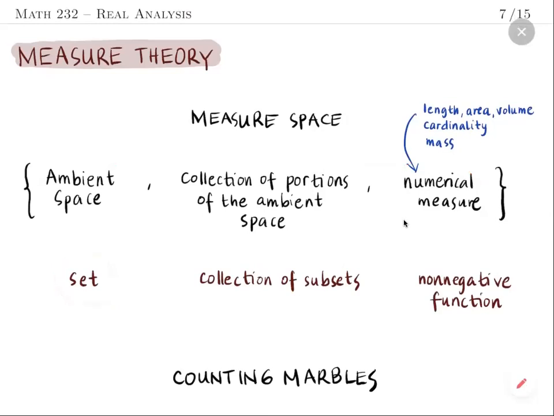And this numerical measure would be a function acting on the collection of subsets. Of course, we want the function to be non-negative to make sense, for instance, in this example, because you cannot have a negative cardinality, a negative length, etc.